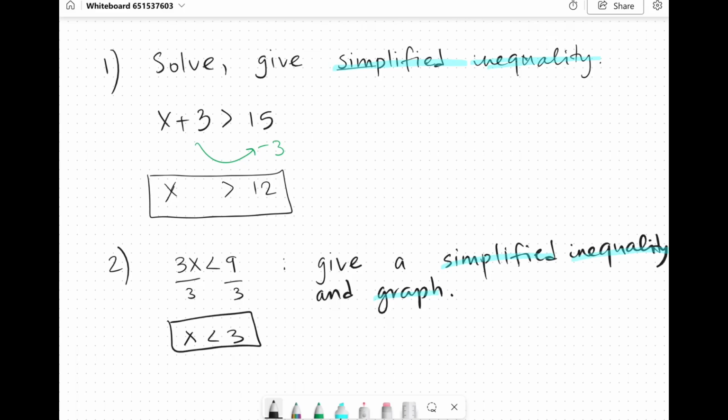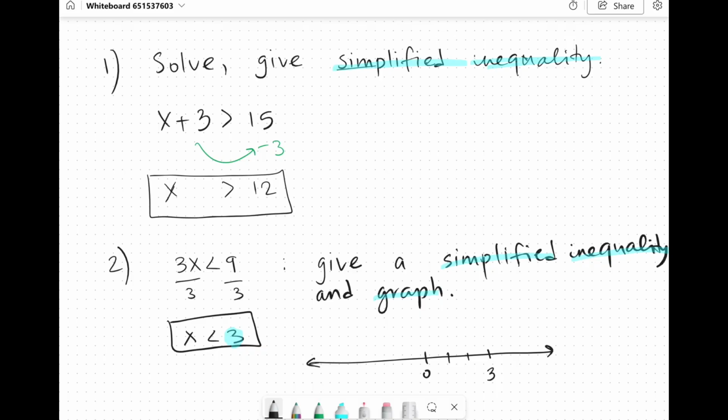Now we have to graph. I'm going to go ahead and graph the number line. Place the 0 on my number line to separate the positive numbers that come on the right from the negative numbers that come on the left. And I need the 3, so it's a positive 3, and here it is.